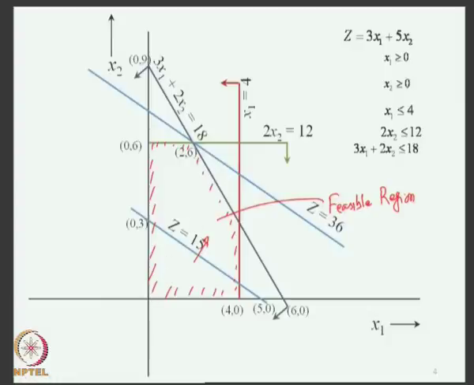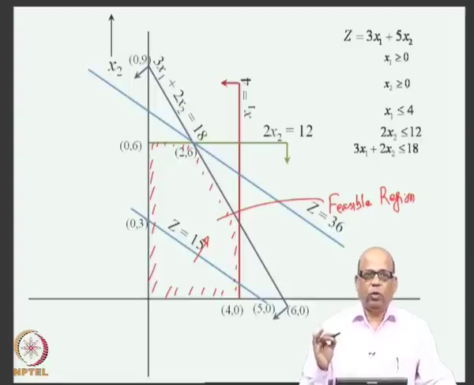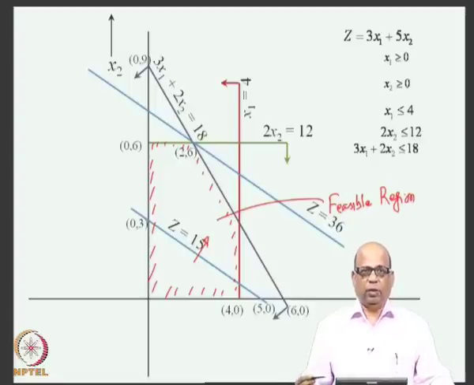Because you are looking at the maximization of z, you would like to achieve as high a value of z as possible, yet at the same time maintaining all these constraints, and therefore, you are looking for a feasible solution which also leads to a maximum value of z.